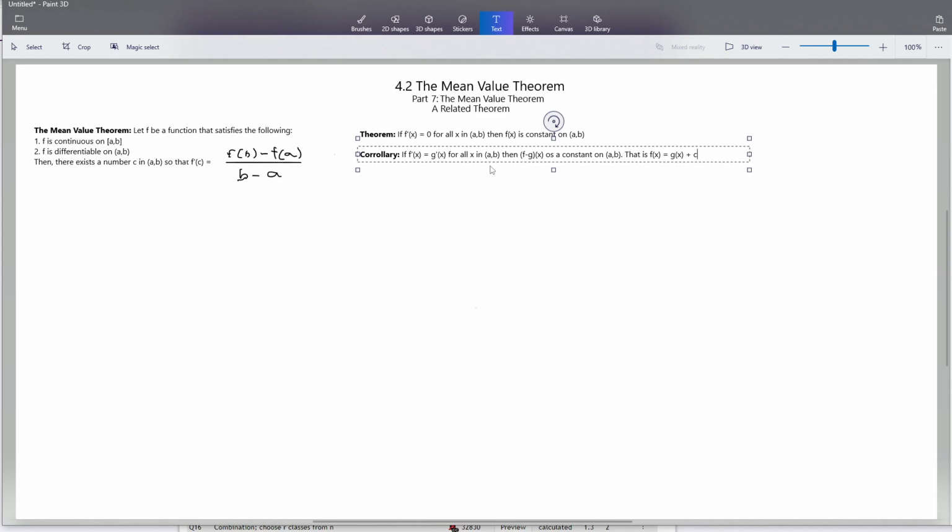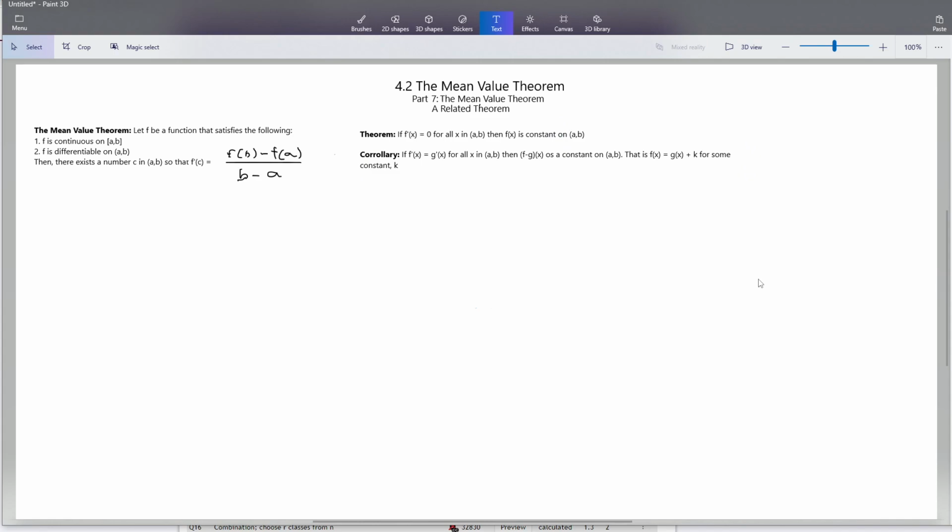Okay. Actually, let's go ahead and change this to a k because we don't want to get confused with the c that's in the mean value theorem. Okay.